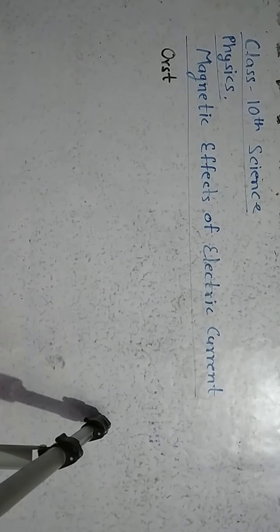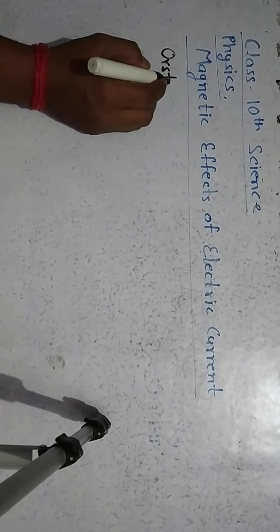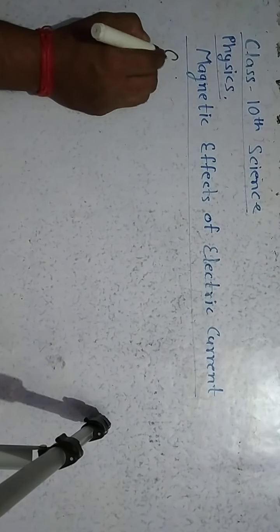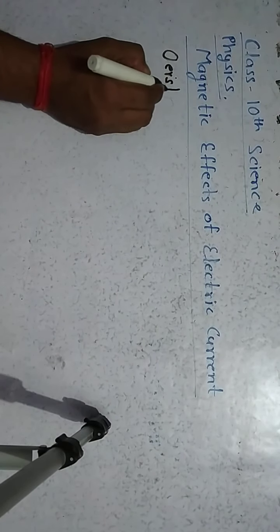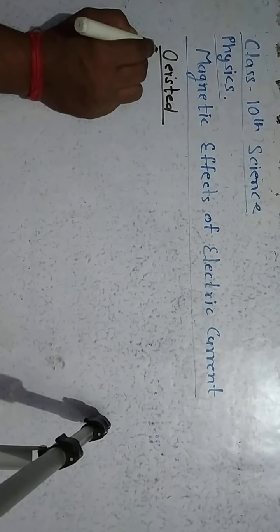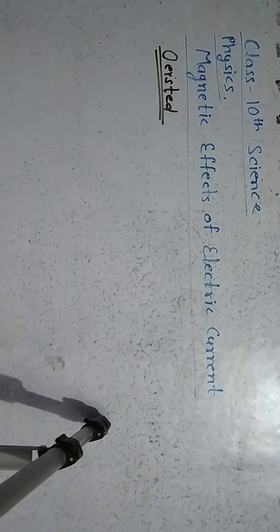His full name is Hans Christian Oersted. Spelling: O-E-R-S-T-E-D, Oersted. The scientist Oersted did a practical about a thin wire.